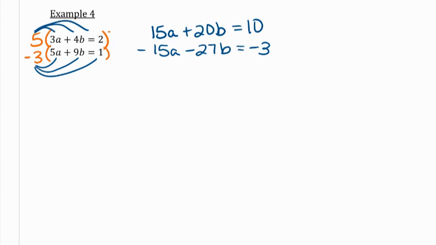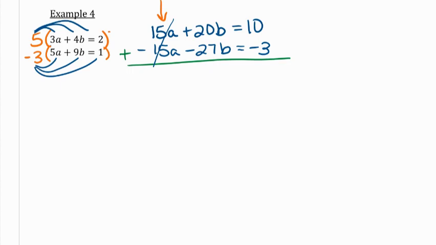Okay, so as long as we multiply the whole equation, this is still fine because they're still equivalent. But notice now I've got a positive 15 and a negative 15. So when I go to add these two together, my 15A and my negative 15A is 0. Those cancel out. That's what's eliminated, right? That's what we want to happen.